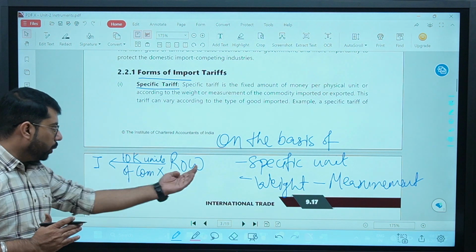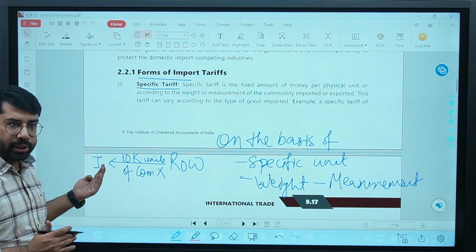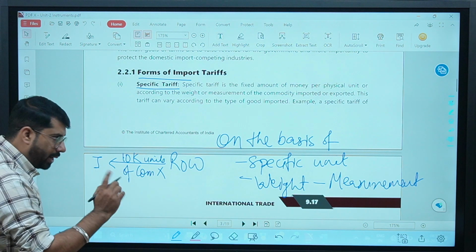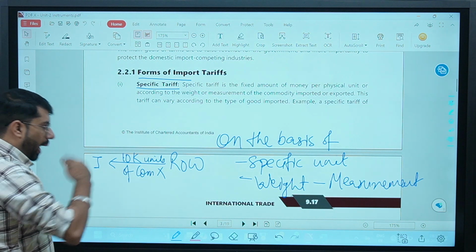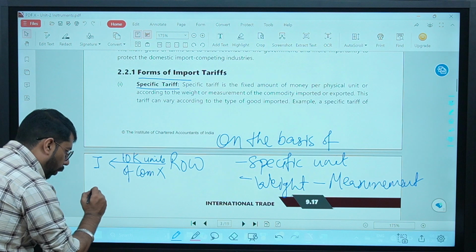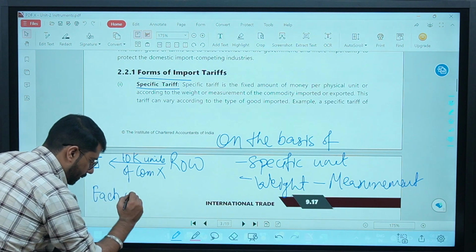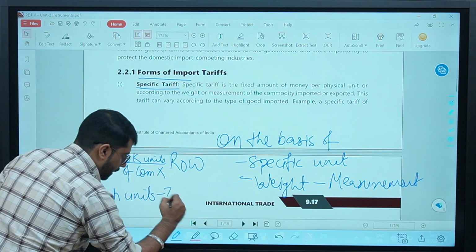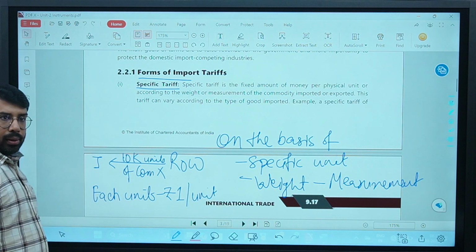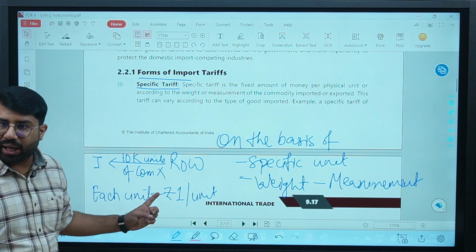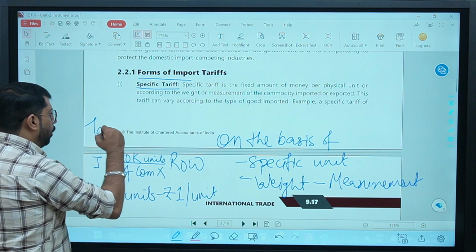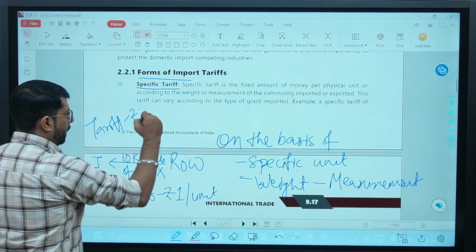If India is importing 10,000 units of commodity X from the rest of the world, in this case, if India says, or any country I'm saying, whoever is levying the tariff, if that country says that on each unit a tax of 1 rupee per unit has to be paid, it means how much tariff has to be paid here? 10,000 units into 1 rupee. So the tariff amount will be 10,000 rupees.